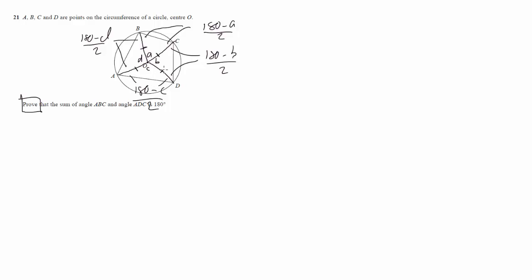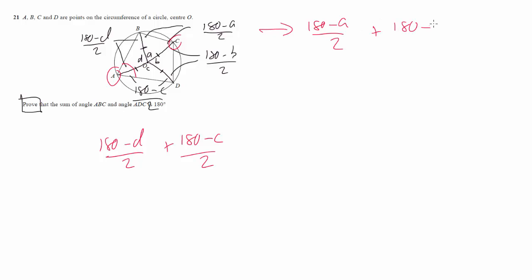Now, having got that, what I can then do is have a look at these two opposite angles. So I'm going to look at A and I'm going to look at C. Can I change colour now? Yay! So this angle, which happens to be 180 minus D over 2 plus 180 minus C over 2, and these two angles here, which happen to be 180 minus A over 2 and 180 minus B over 2.